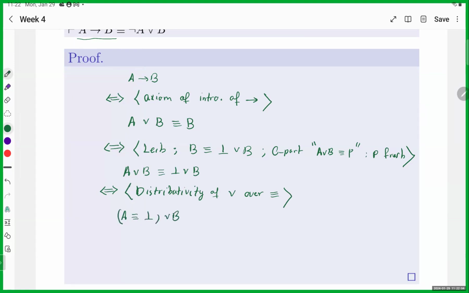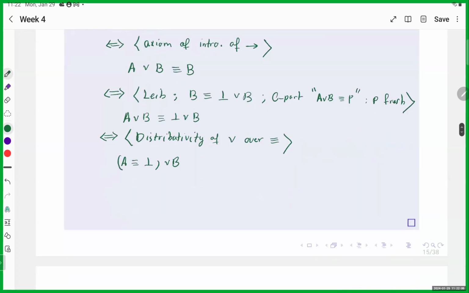And now I know that A is equivalent to bottom is the same as negation of A. I just need to use Leibniz by calling this P. Leibniz: negation of A is equivalent to A is equivalent to bottom.